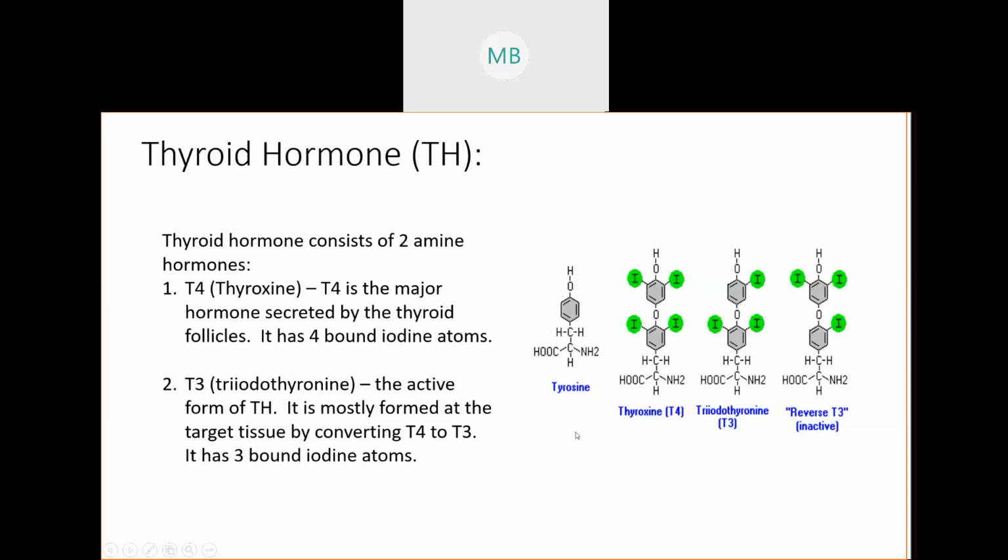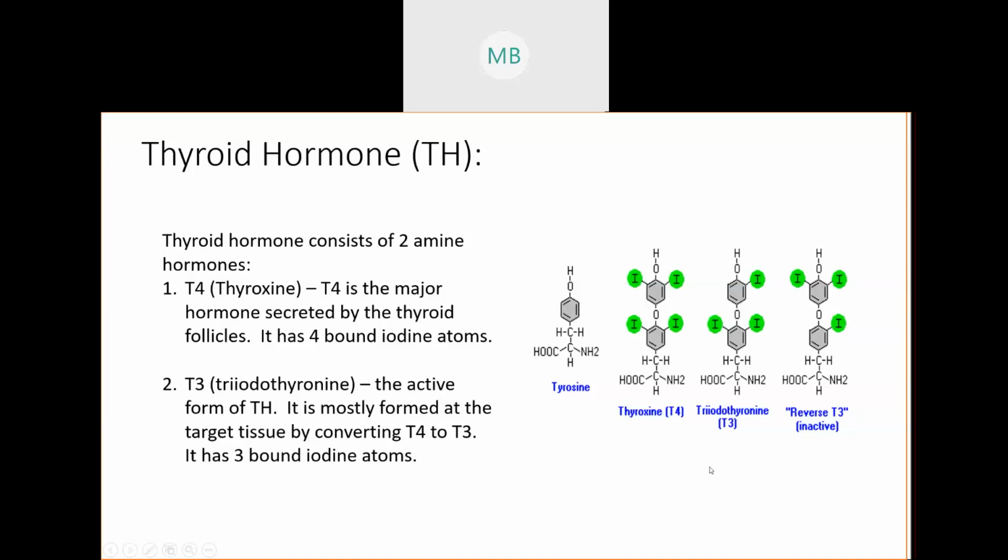Your main difference here, so you know how thyroid hormone is formed and how we create these, is that T4 has 4 iodine molecules on it, and T3 has 3 iodine molecules on it.